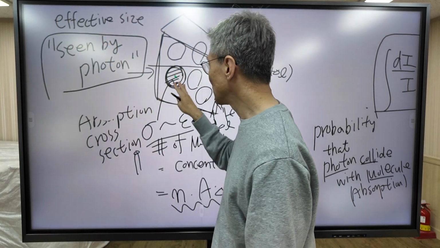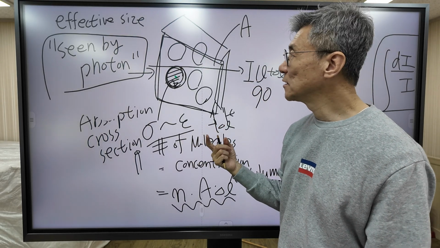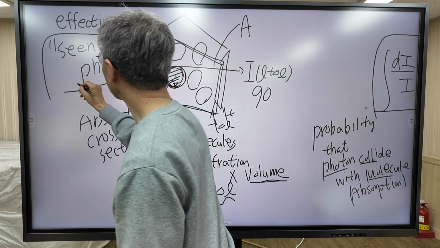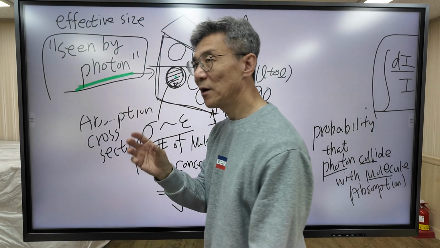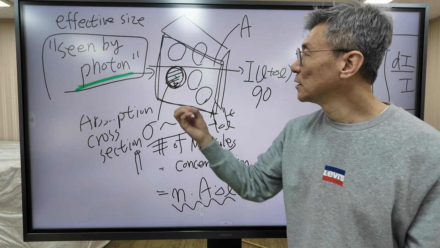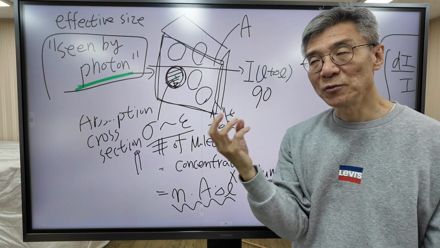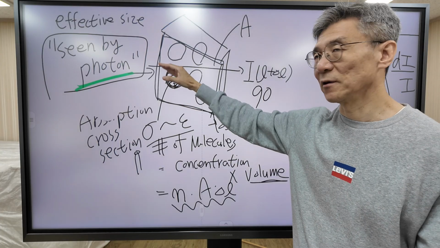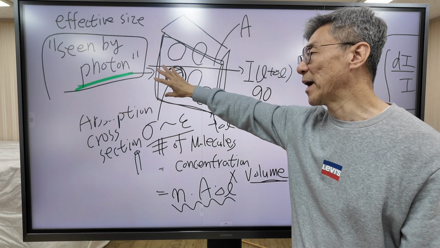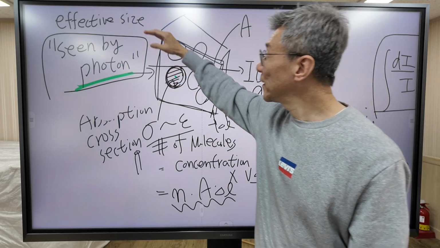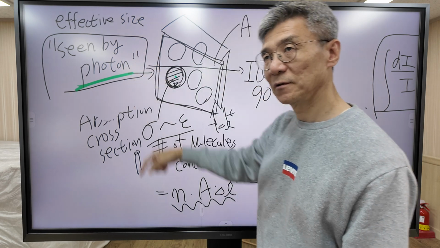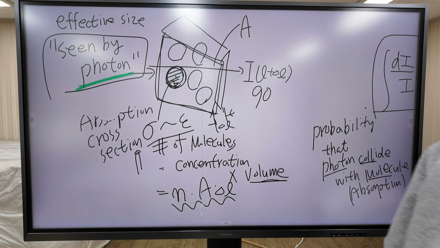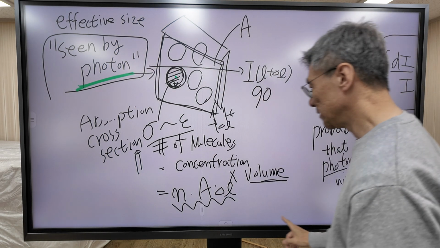This is not the actual size of the molecule. This is the effective size seen by the photon. Even though the molecule is small, the effective size may be large. A small molecule can absorb light strongly, so it is different. Okay, the first part is ended.